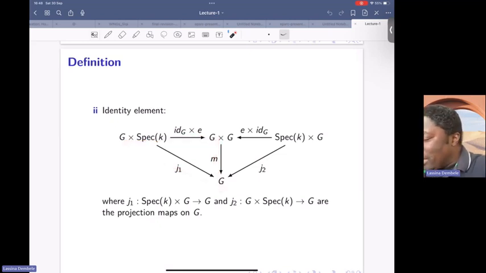And then starting here, if I take an element x and I multiply by e on the other side, then again I'll recover that element. So multiplication to the right or to the left gives me the same element, x. So that means that e is the identity element in our group law.